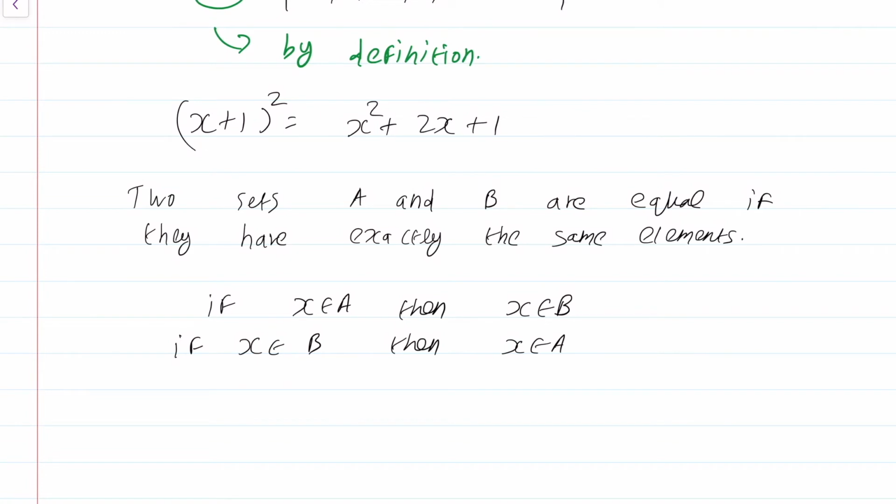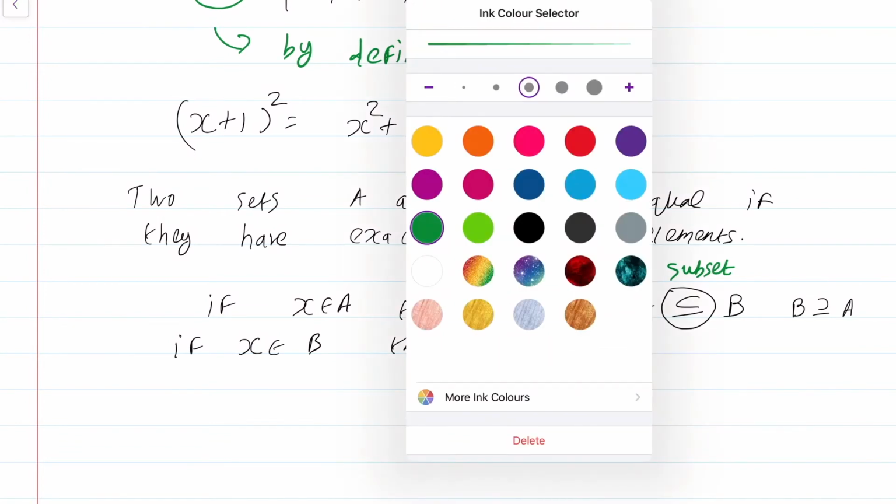Now, for the first of these, we have a notation. In the scenario where if x is in A, then x is in B, we often write A subset of B. This is called subset. Sometimes we also write B is a superset of A. That's another notation.